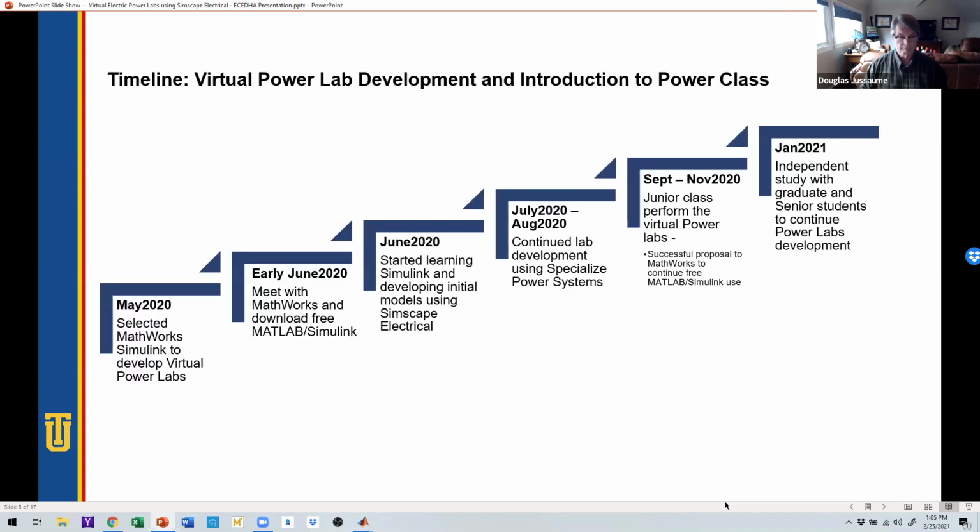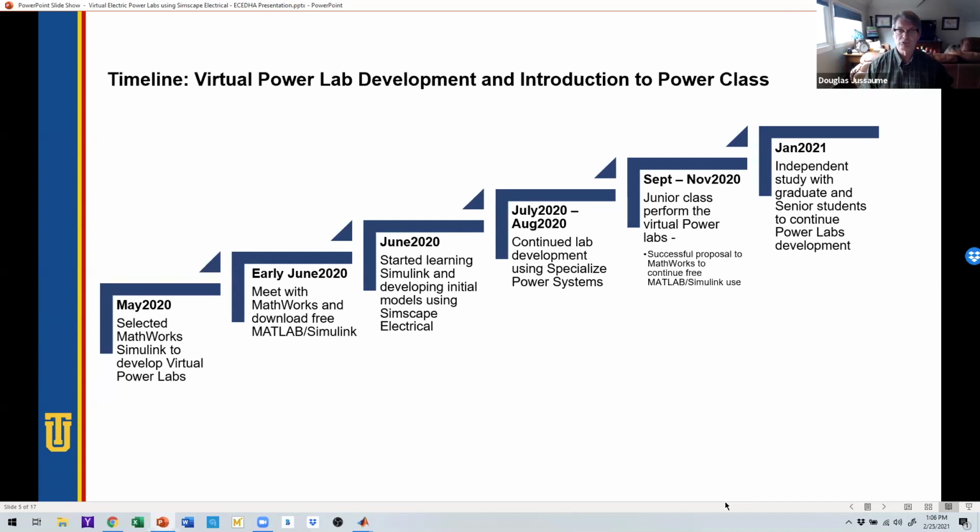So our timeline: basically last May, after we completed the spring semester, and we all began to realize what we would have to do to cover the fall semester classes, we selected Mathworks Simulink to help us develop our virtual power labs. We met with Mathworks and we made use of their kind offer to download free MATLAB and Simulink. And so sometime in June, I started to learn and develop these labs.